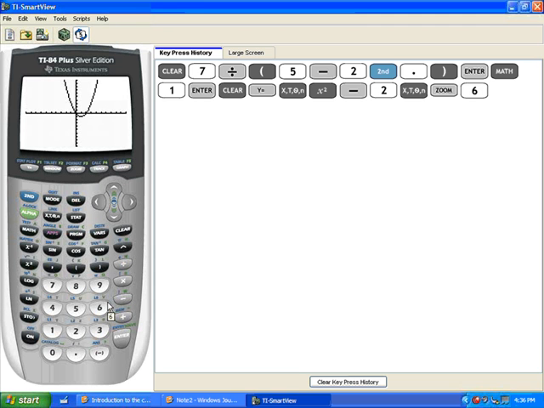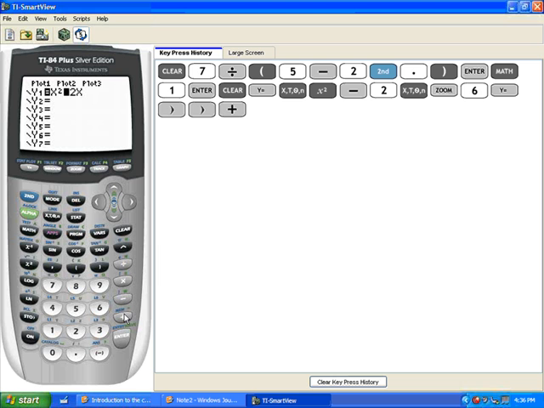Oh, wait a minute, that wasn't the equation I wanted, because what I want is one that doesn't hit the x-axis. And maybe, let's see if changing that will give me what I want. Nope, that just moved it.